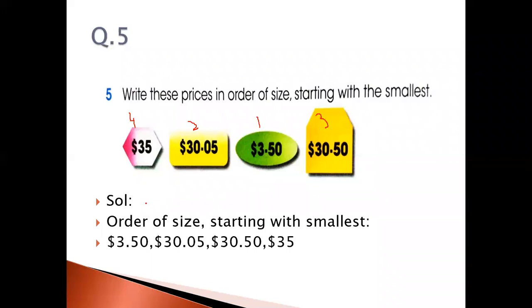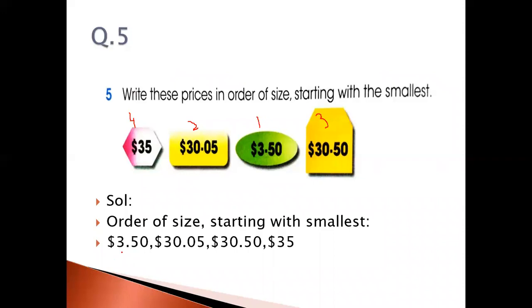Then we can write in statement form the order of size starting with the smallest. First would be $3.50, because its number has only a whole part of 3, which is the very smallest among these stickers. $3.50 and $3.5 are the same.